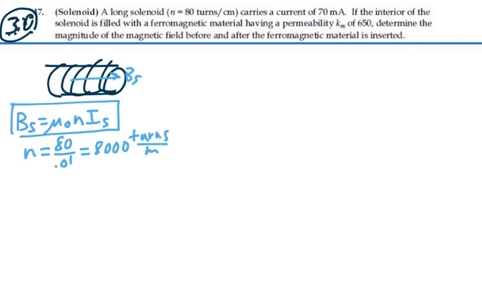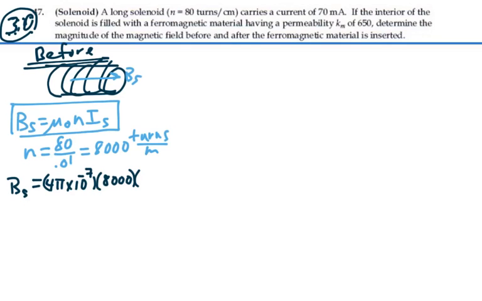So now we can calculate the magnetic field before we add the ferromagnetic material, and that's going to be equal to 4 pi times 10 to the minus 7 for mu naught times the number of turns per meter, 8,000, times the current, which is 70 milliamps, 70 times 10 to the minus 3 amps.